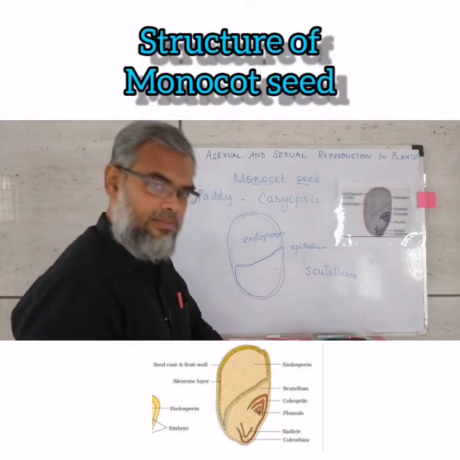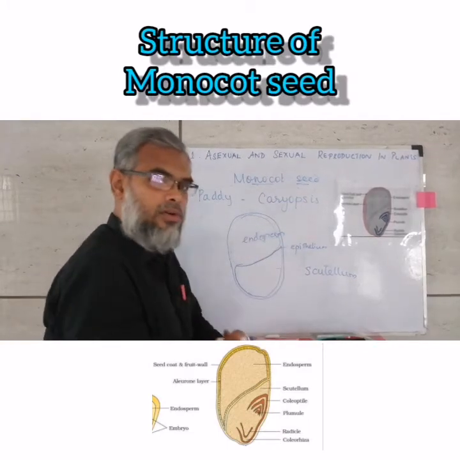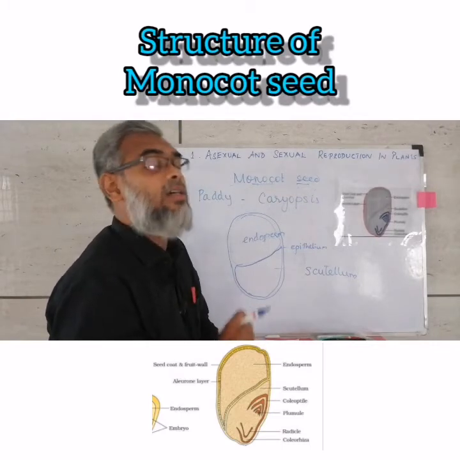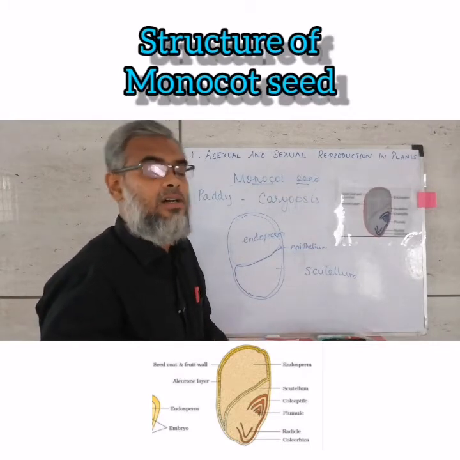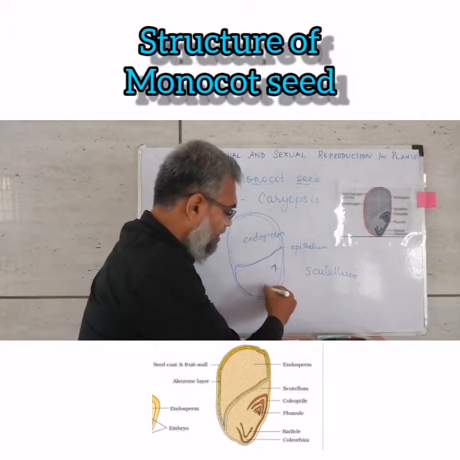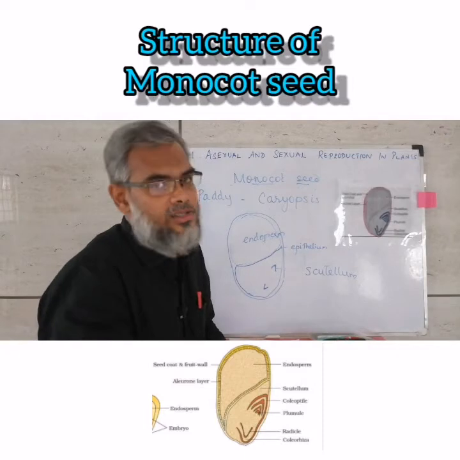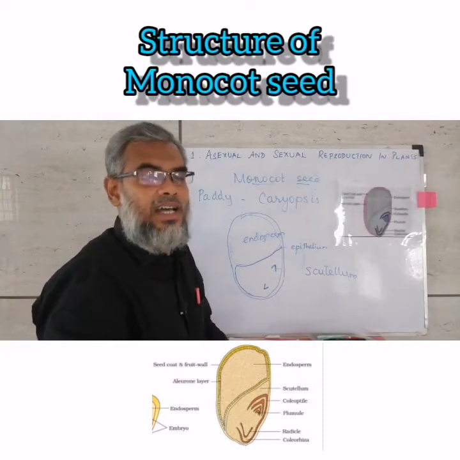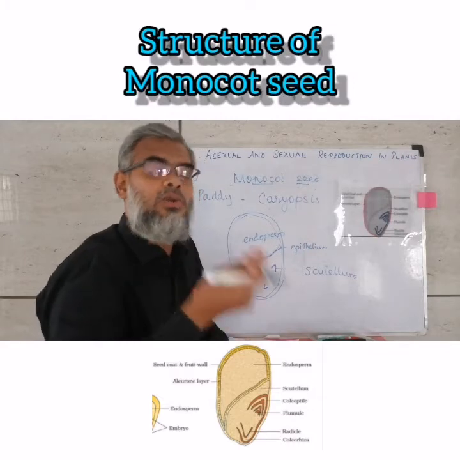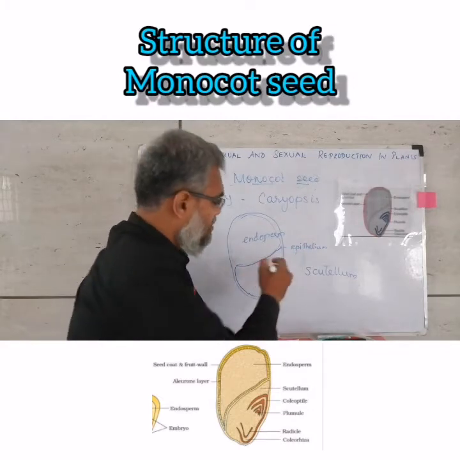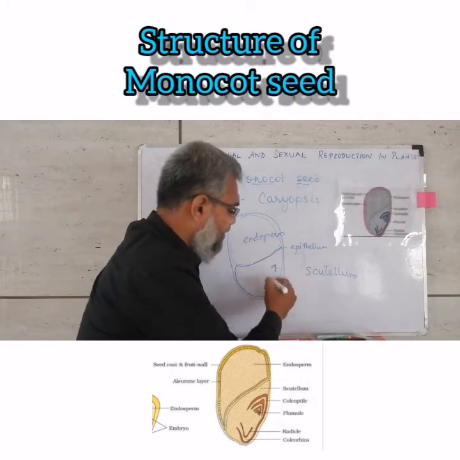This cotyledon has the portion for plumule and radicle. We have already discussed the role of plumule and radicle: the plumule develops into the shoot system and the radicle develops into the root system.